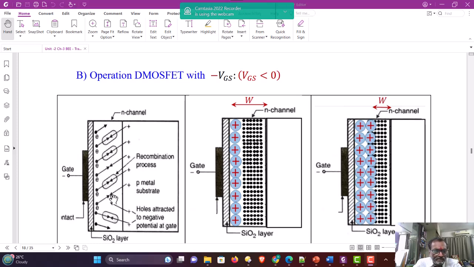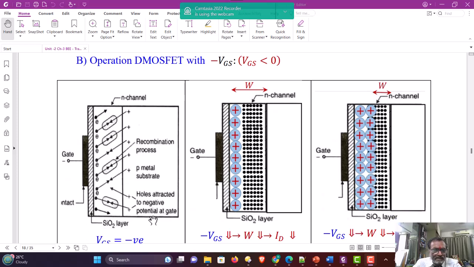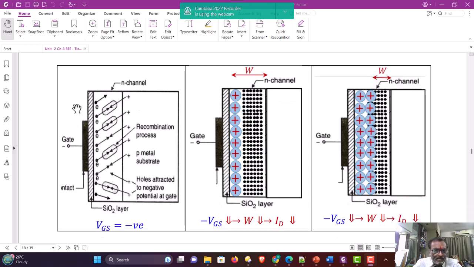When the negative supply voltage is connected to the N-channel MOSFET, here in the figure, the channel portion is replicated. Now when negative gate supply is applied, here the N-channel is shown. This is the substrate. This second part or lower part is the substrate and exactly below the SiO2 layer there is an N channel. Now the gate is negative.